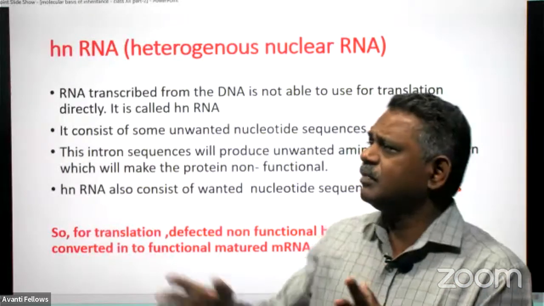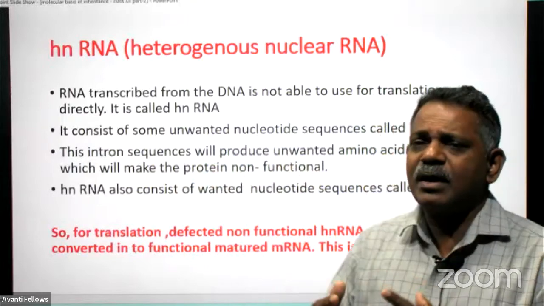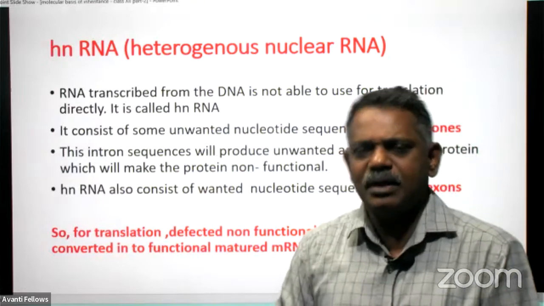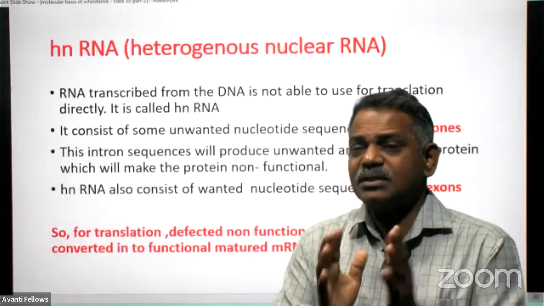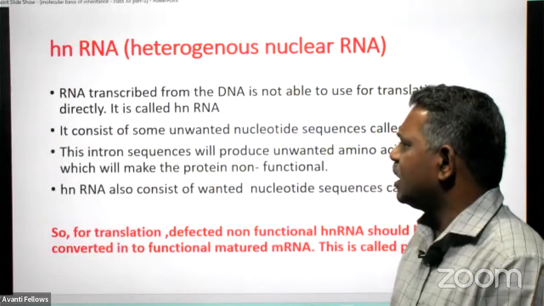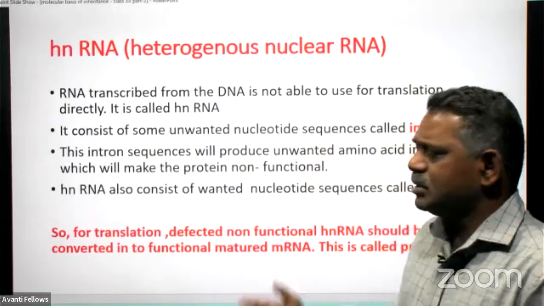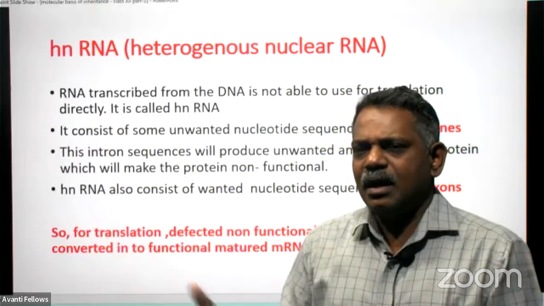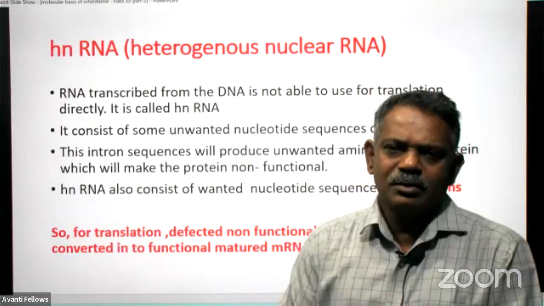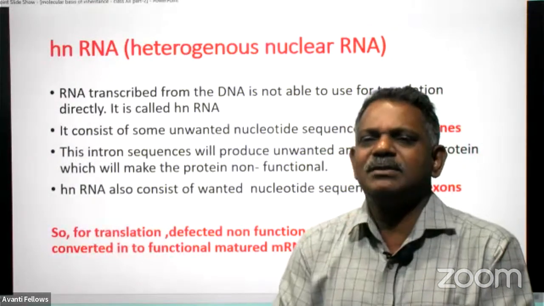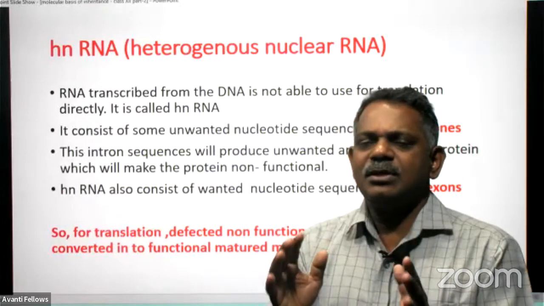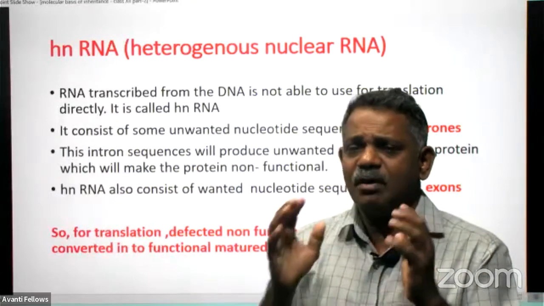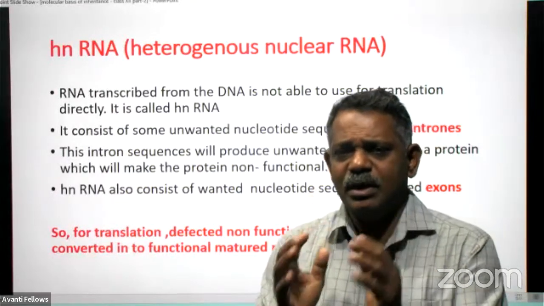This process of making mRNA, a matured RNA, from the hnRNA is called processing. There are 3 steps in the processing of this hnRNA, and that is what we are going to discuss here: capping, then splicing, and lastly tailing. After capping, splicing and tailing, the hnRNA will be converted into mRNA, and all these 3 steps of processing of RNA take place only in the nucleus.